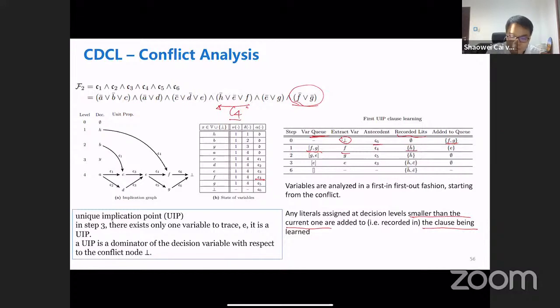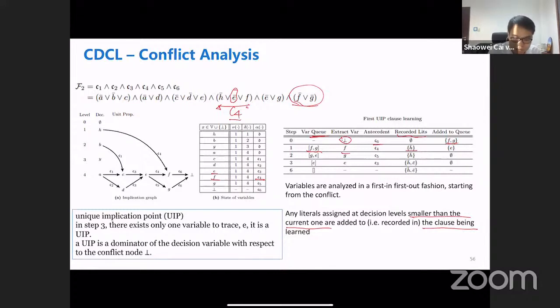What about no E? It is not recorded, because variable E and F are at the same decision level. In the implementation, that's what we do.